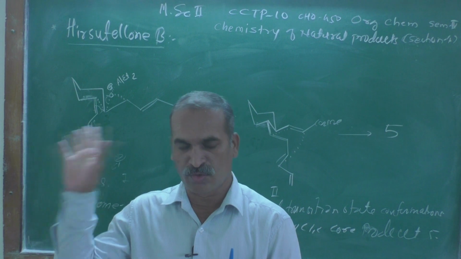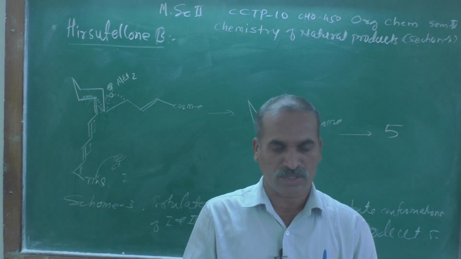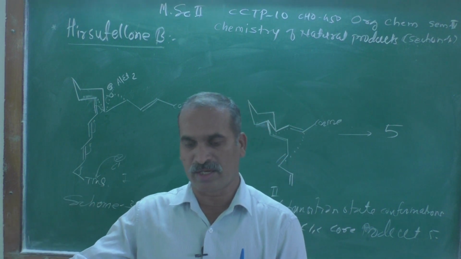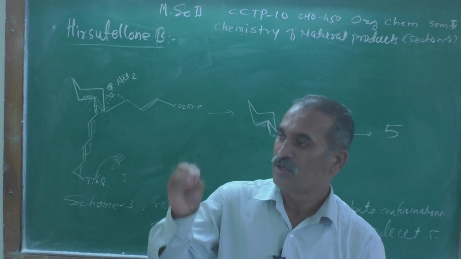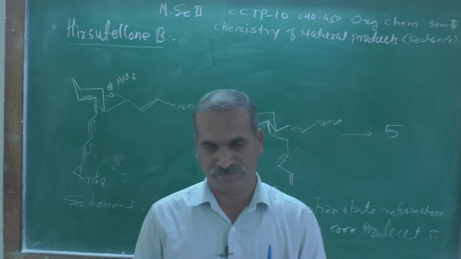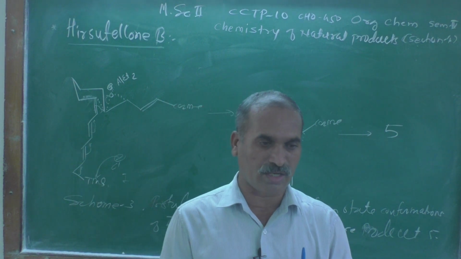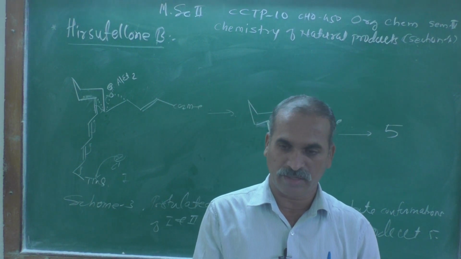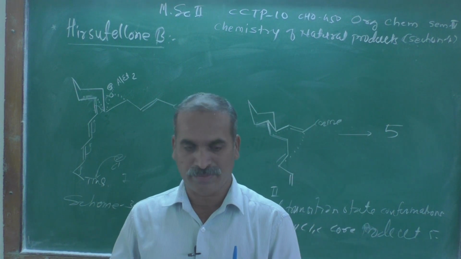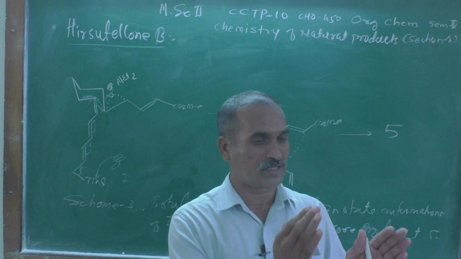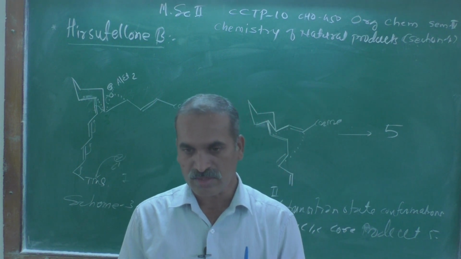The general rule depends on that: 2 plus 2 cycloaddition is a photochemically allowed reaction, and 4 plus 2 is a thermally allowed reaction. Why it is thermally allowed is the theoretical part, but here a suitable HOMO-LUMO concept is used, and that is a very famous reaction, the Diels-Alder reaction.